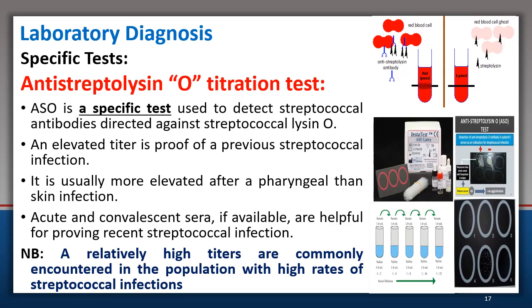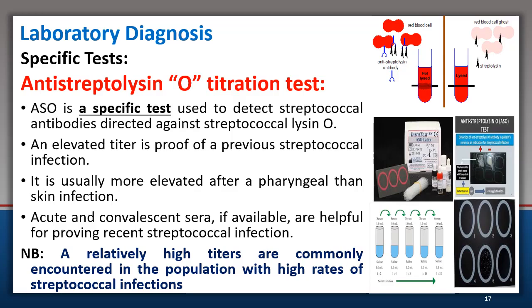It is usually more elevated after pharyngeal than skin infection. Anti-streptolysin O titer appears after about 7 to 10 days and peaks at about 2 to 3 weeks. It's considered high if the figure is more than the baseline value present in the community.